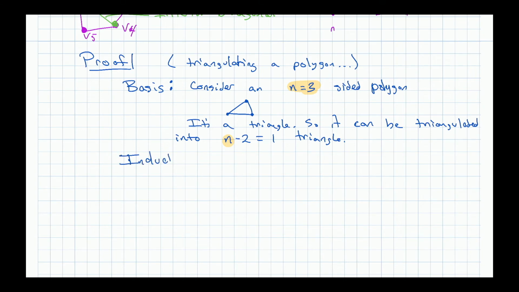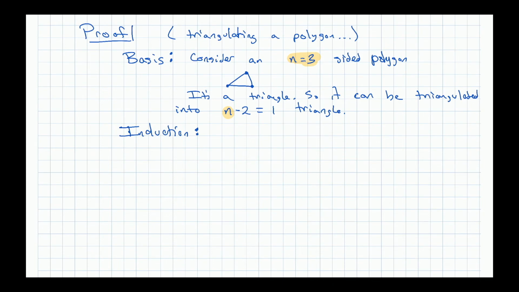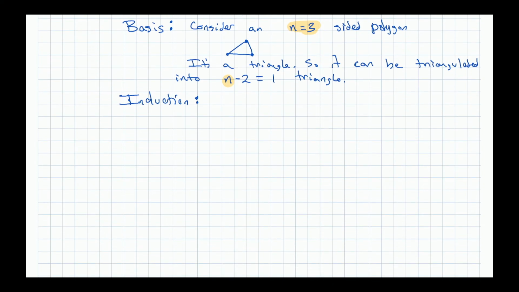That's going to be the tricky bit. So for the induction step, we have to have an induction hypothesis. We're going to assume that every polygon from 3 up to k can be triangulated.